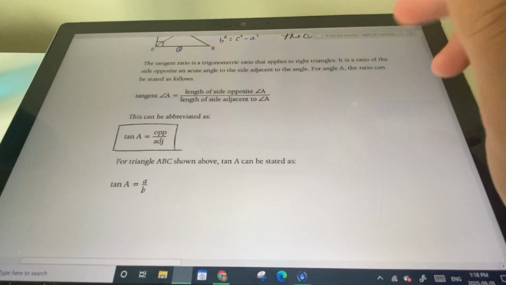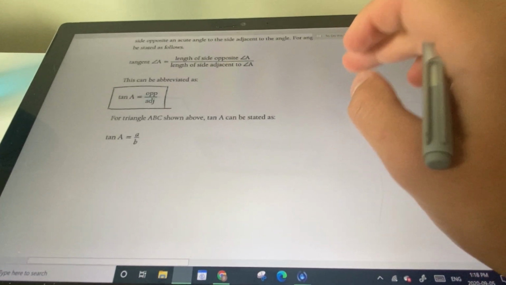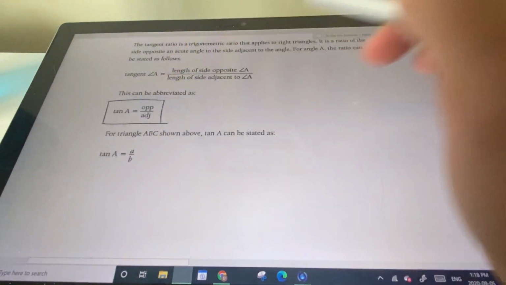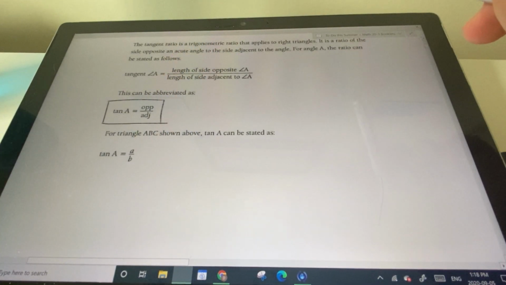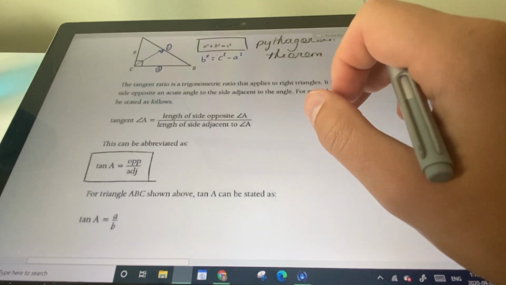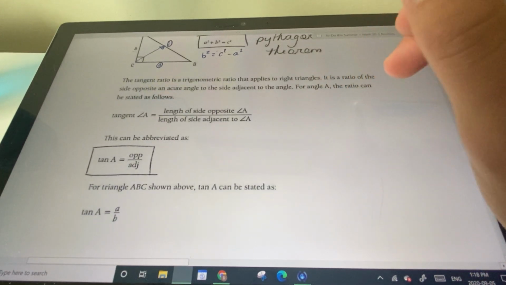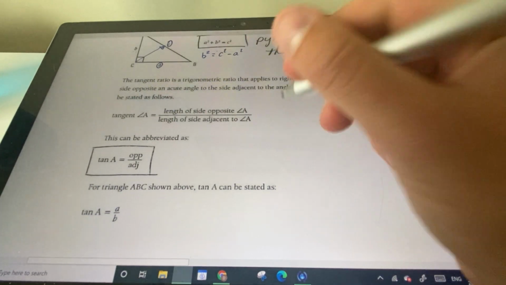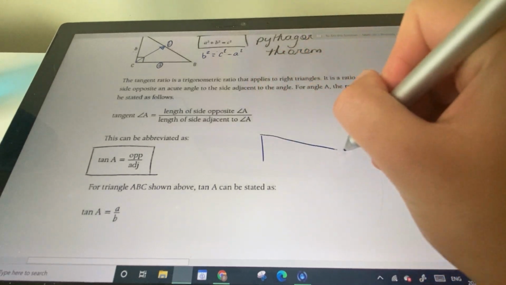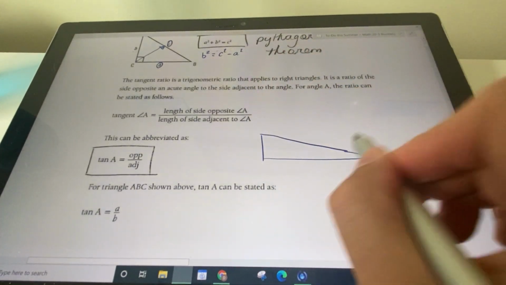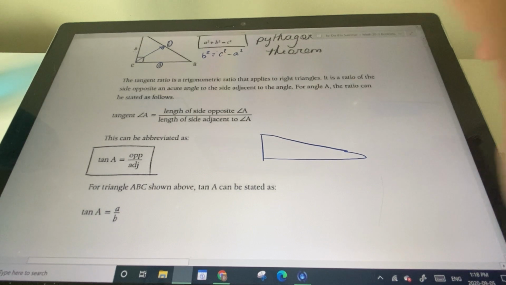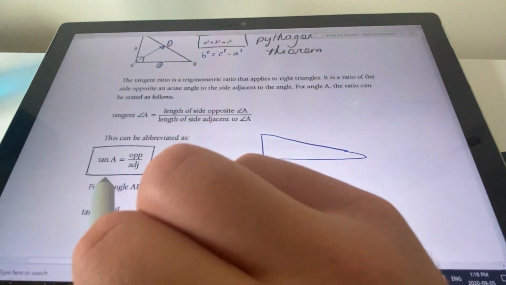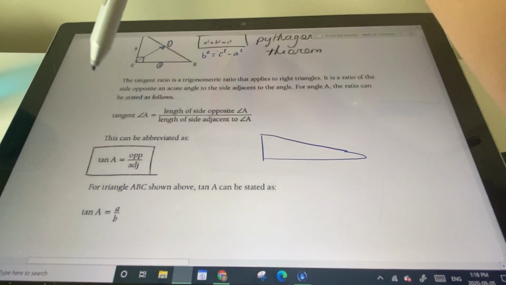Now, there's a few new things you're going to be shown here. Tan A equals opposite over adjacent, okay? Now, what does that mean? Well, that means when we're focusing on a triangle here, this changes depending on what angle you're talking about.